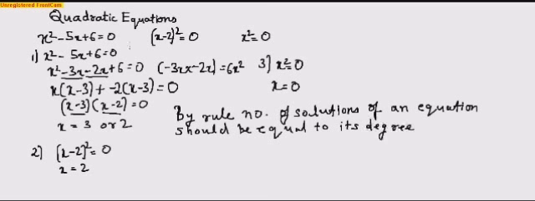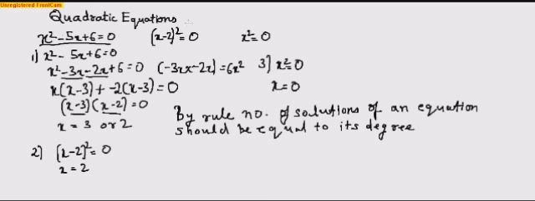Now degree of an equation is the highest power of the variable in the equation. For example, in this equation x square minus 5x plus 6, the highest power of a variable, that is x, is 2. So this has degree 2.